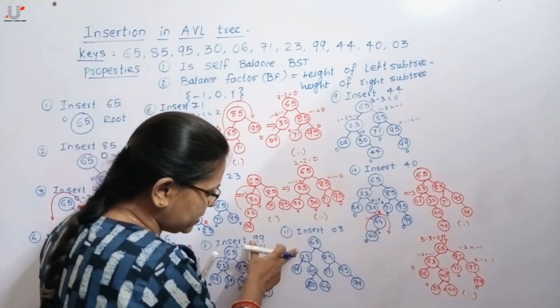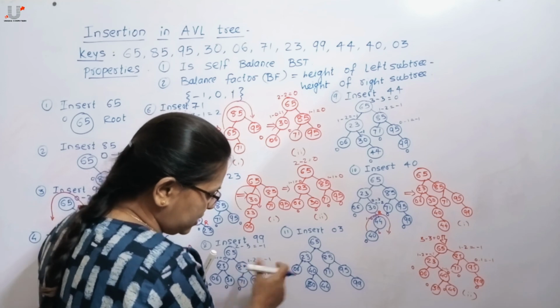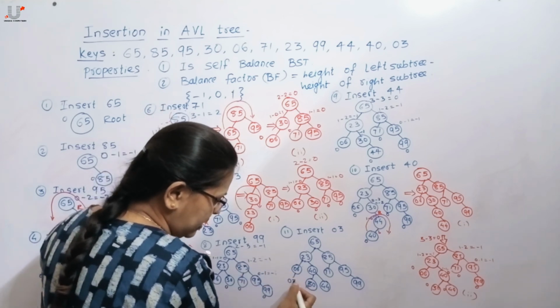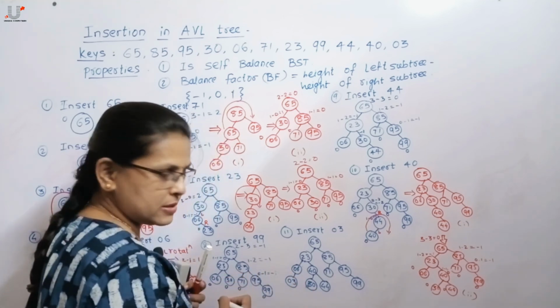It is smaller than 23, so move to left. It is smaller than 6, so 3 gets added as a left child of 6.